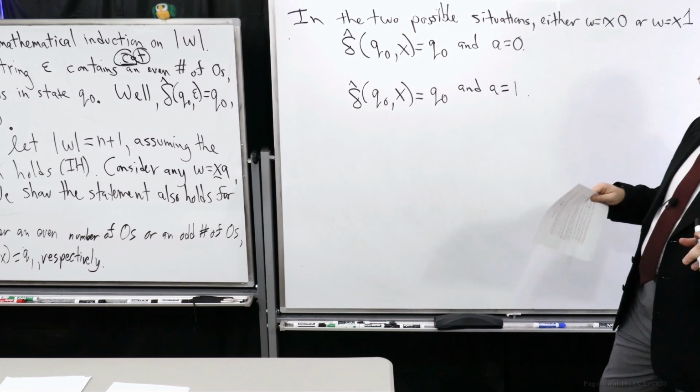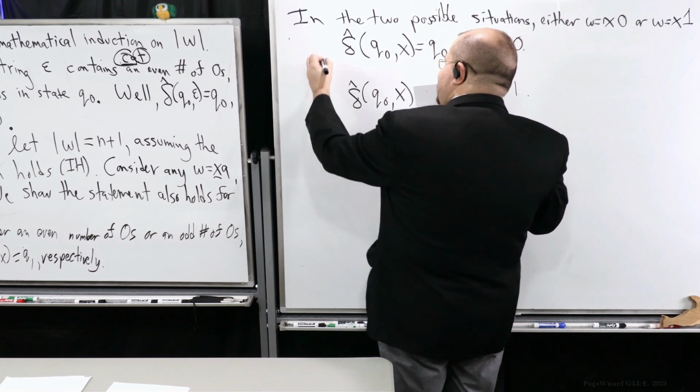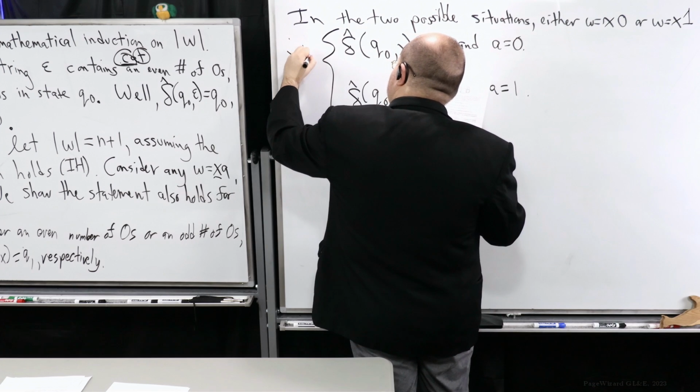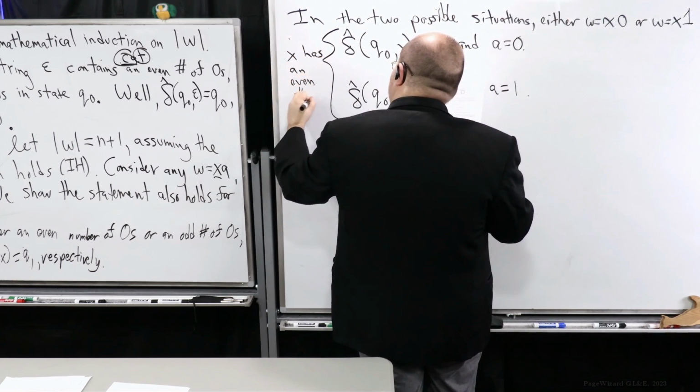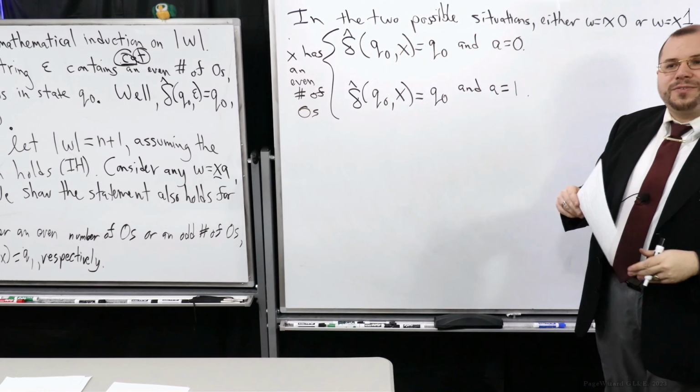So we just need to make sure that, remember, in both of these cases, X has an even number of zeros, right? That's the layout for these two cases.